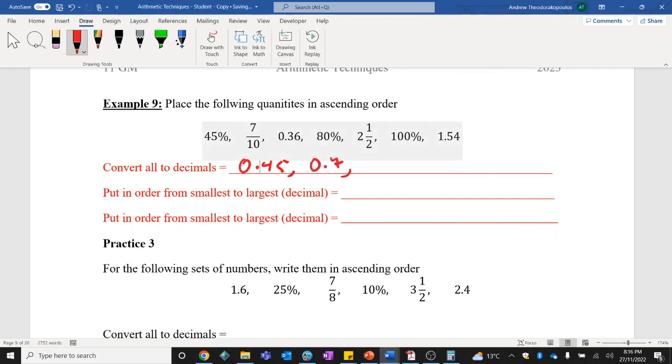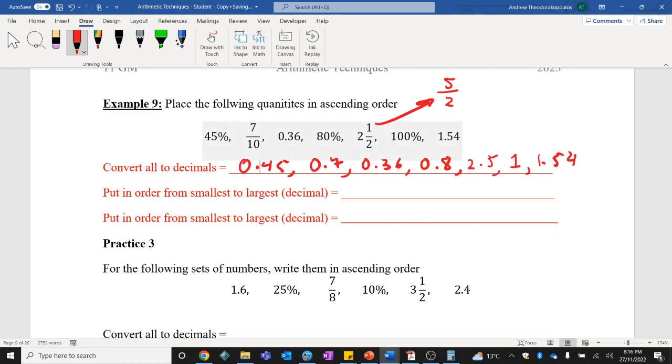This stays the same because it's a decimal. 80% would become 0.8. 2.5 would be the same as, just off the top of my mind, 2 times 2 is 4, plus 1 is 5 on 2. And if you convert that to a decimal, well, you're going to get 2.5. 100% is just 1 and 1.54.